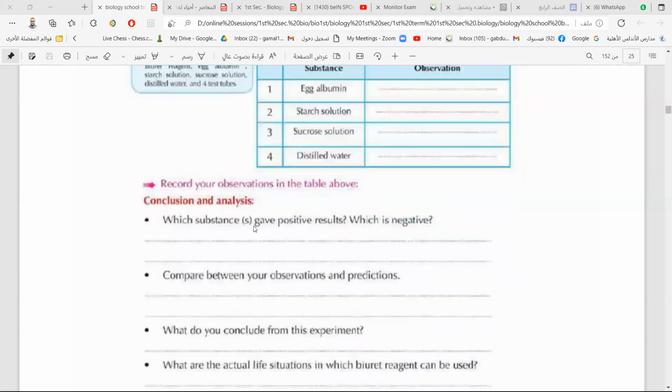This is a positive result, which means that you can test for the presence of protein by using the Biuret reagent. Starch is negative, sucrose will be negative, distilled water will be negative. The color of the Biuret reagent doesn't change. Compare between observation and prediction. You can say the change in the color means that the egg albumin contains protein. This is a test for the proteins.